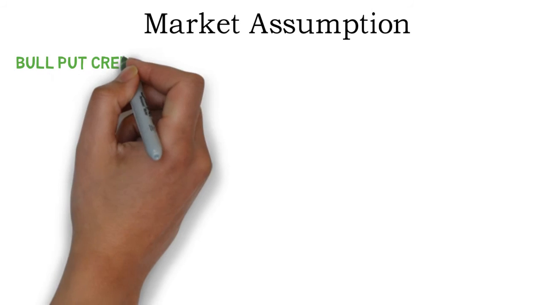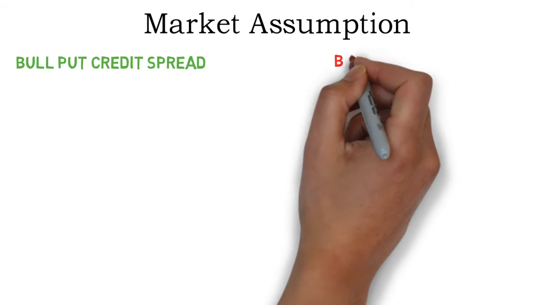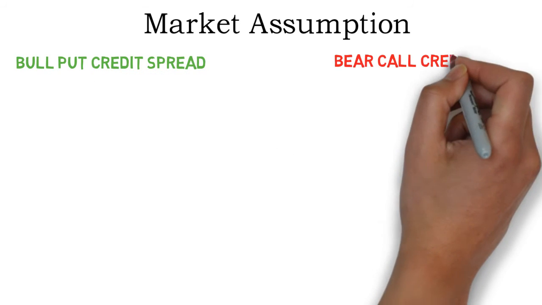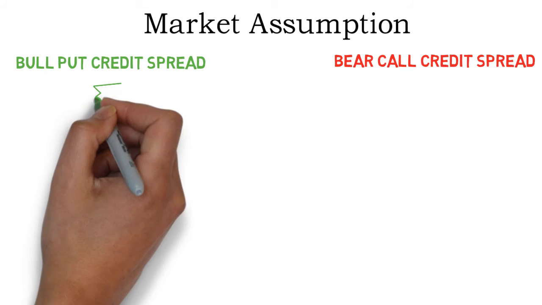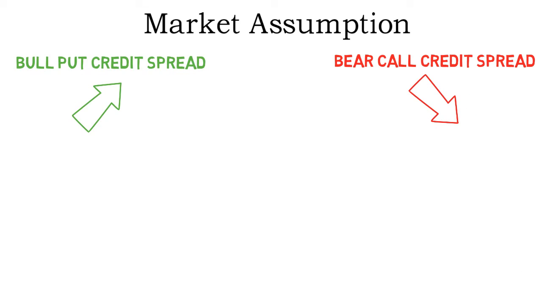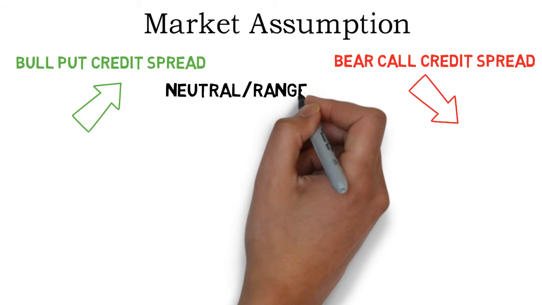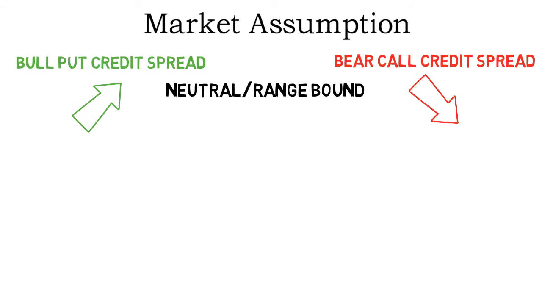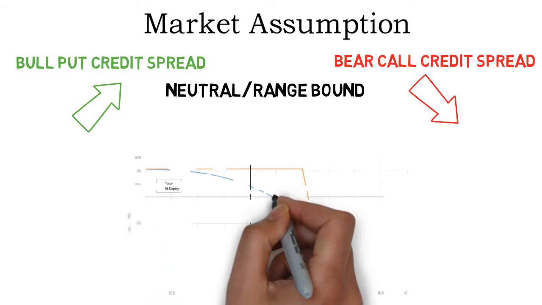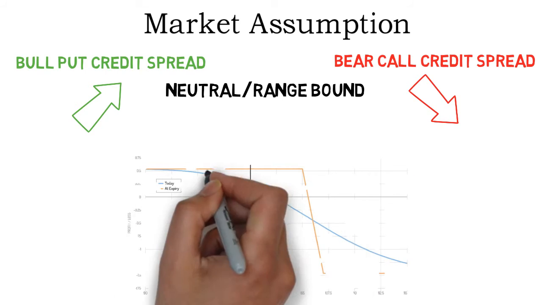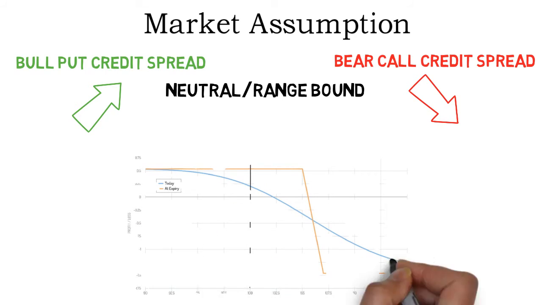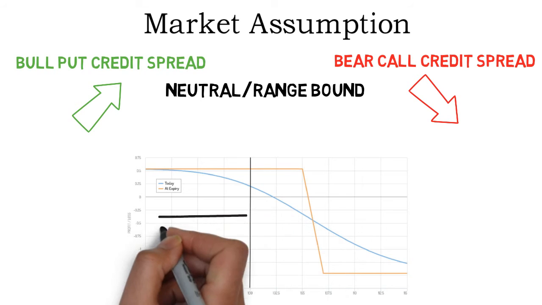Before, I already mentioned that the put credit spread is a bullish strategy and the call credit spread is a bearish strategy. But this is only half of the truth. Credit spreads actually are a neutral to range bound strategy. If you take a closer look at the payoff diagram of a call spread, you can see that the price of the underlying ideally should move down.